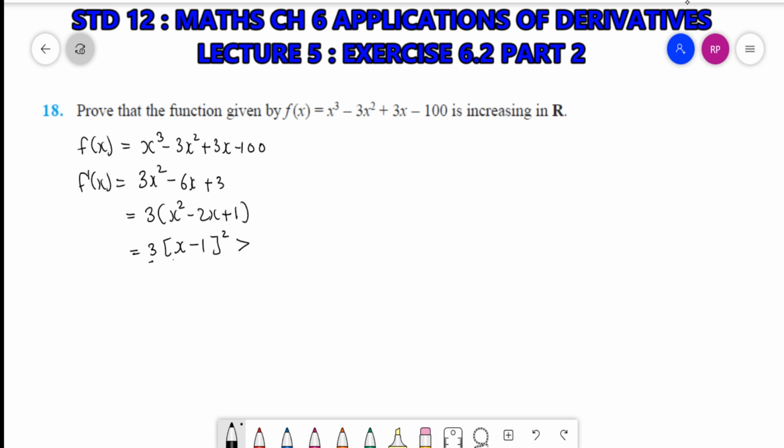So this will always be greater than or equal to 0. Hence f is increasing on R. Clear? Whatever value of x you take, this will always be greater than or equal to 0, meaning f dash x is too. So f is increasing on R. Clear? So this was about question number 18. So just note it down.